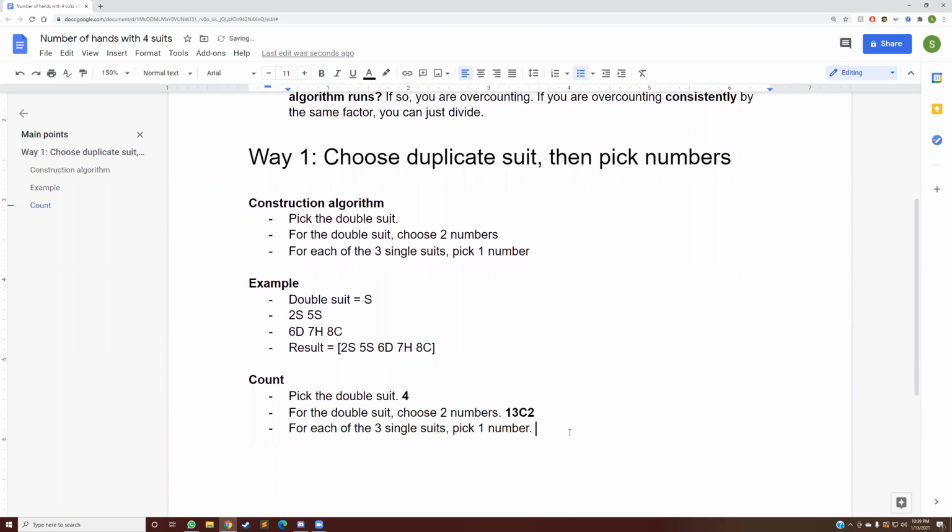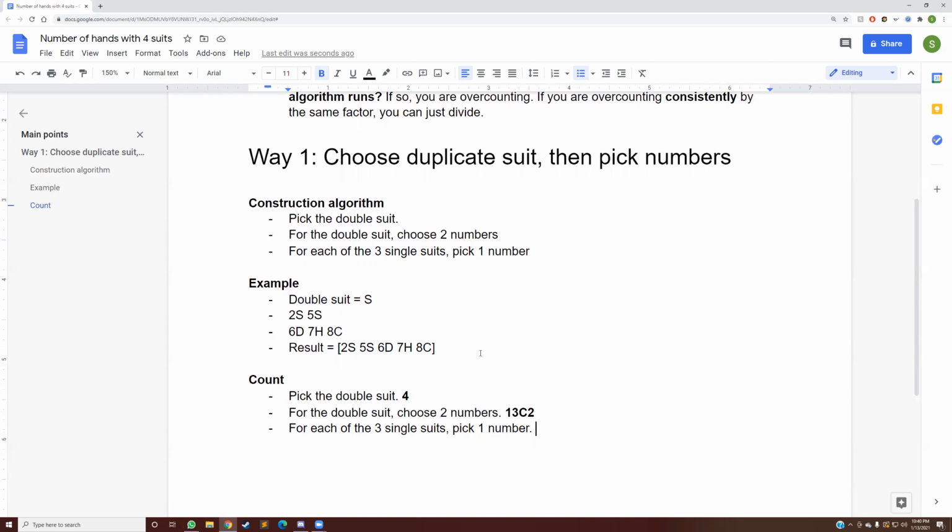Now, for each of the 3 single suits, pick one number. How many? So I guess 39 times 26 times 13 divided by 3 factorial. Okay. You have to be careful.